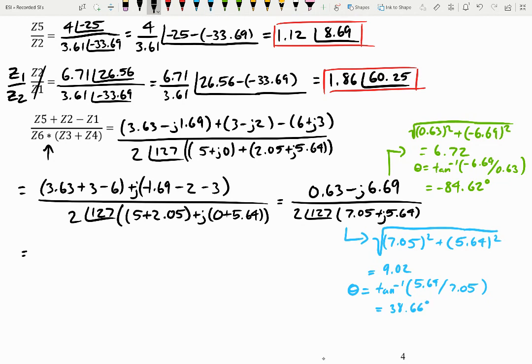So if we simplify that out just a tad bit, we'll get 6.72 at negative 84.62 degrees, times 2 at 127.